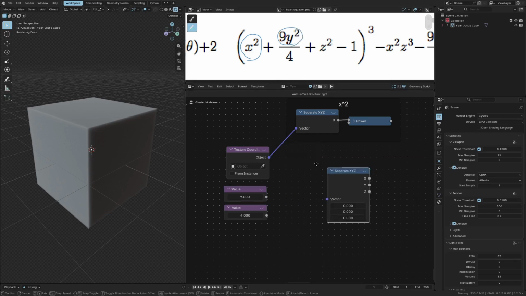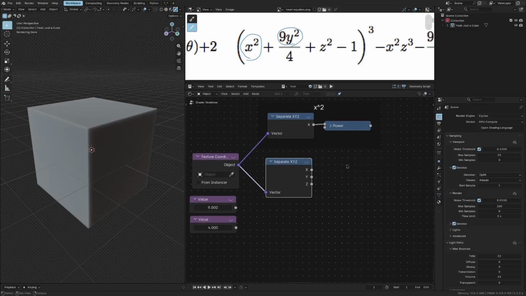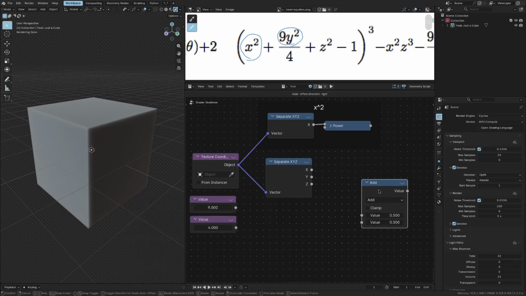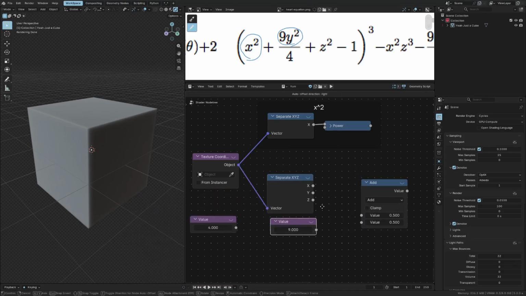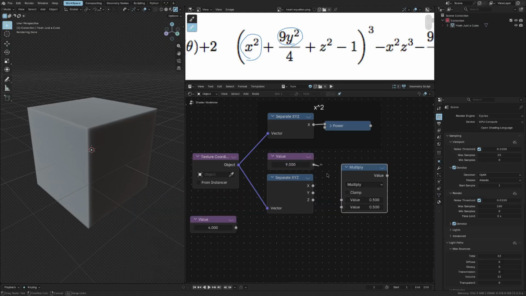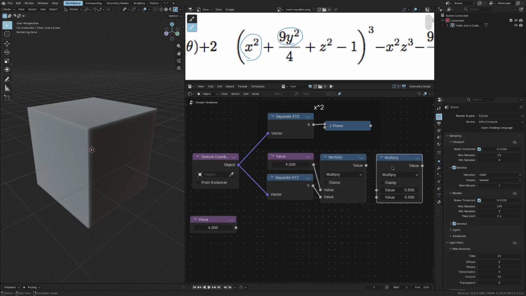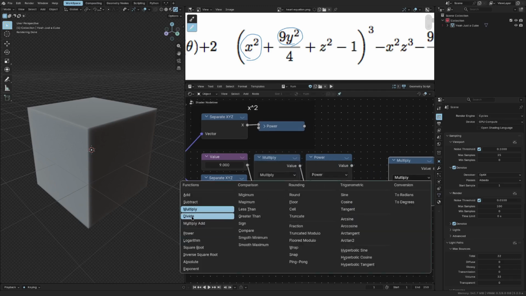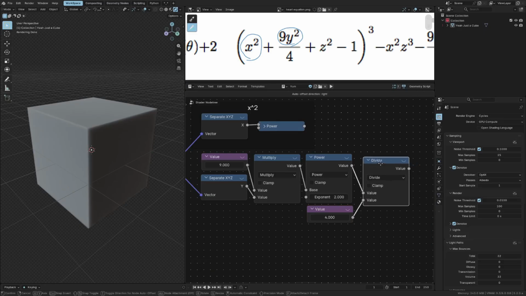Separate XYZ node, and we're going to use a Math node again, and 9 and y, multiply 9 and y, and square that using a Power node, set it to exponent, and value 4. To make them a fraction, we're going to use a Divide node, and we're simply done.